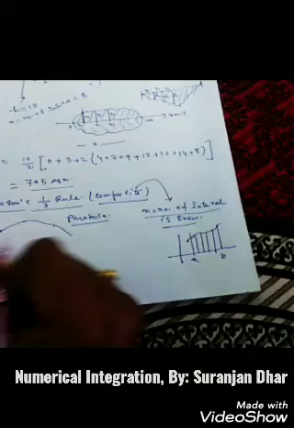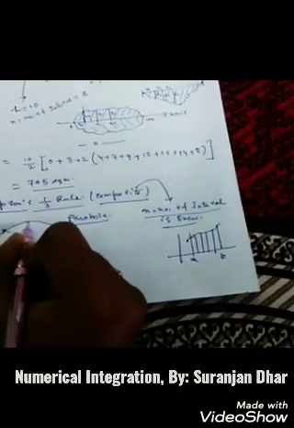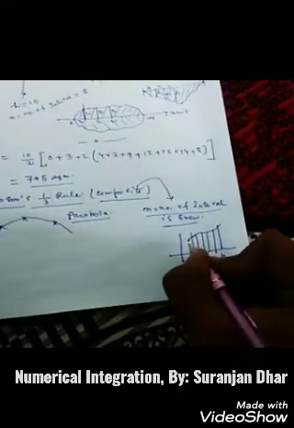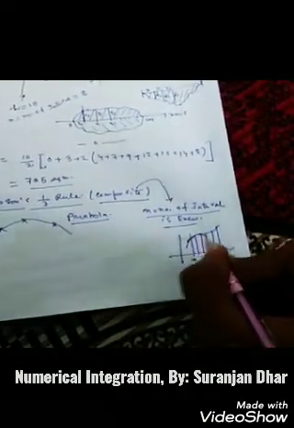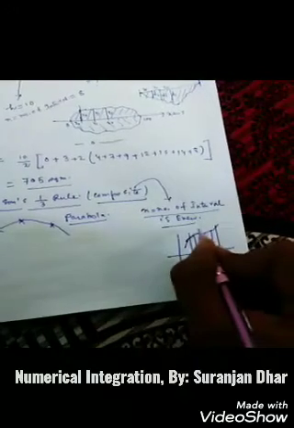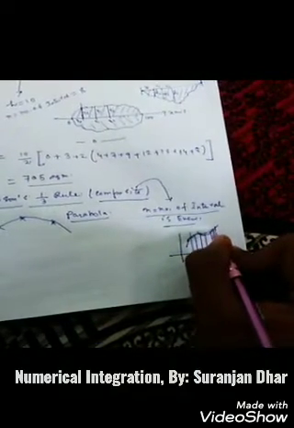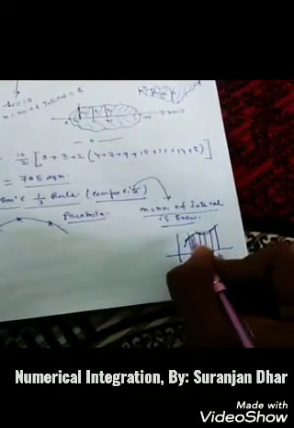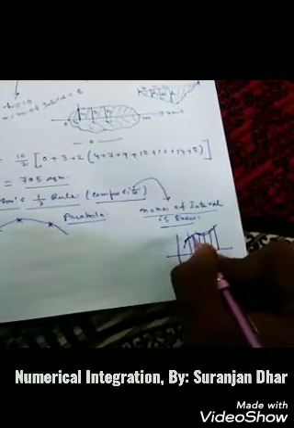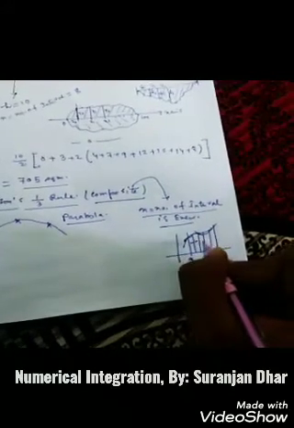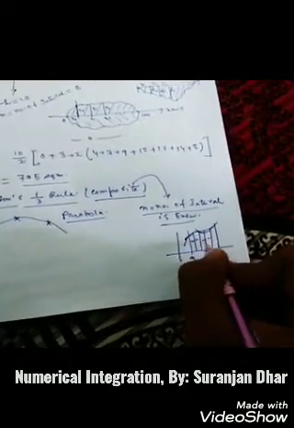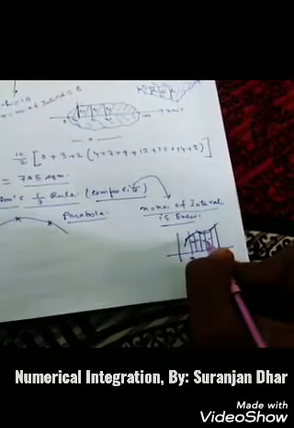To draw any parabola we require 3 points. With 3 points we draw one parabola, and with the next 3 points we draw another. So for drawing a parabola we require 3 points but 2 intervals, so the number of intervals should be even.